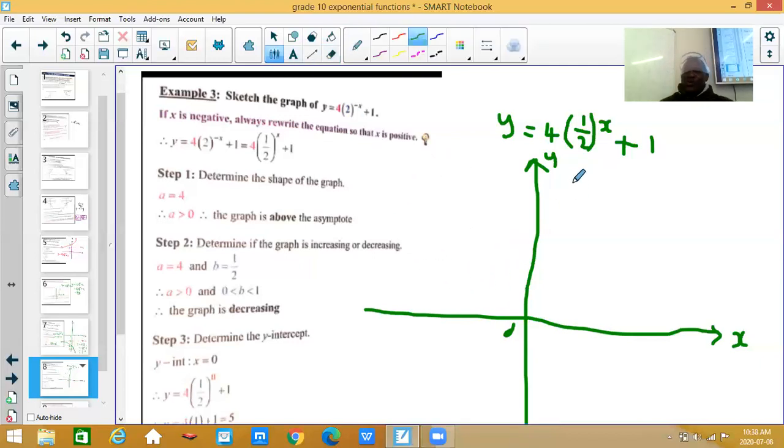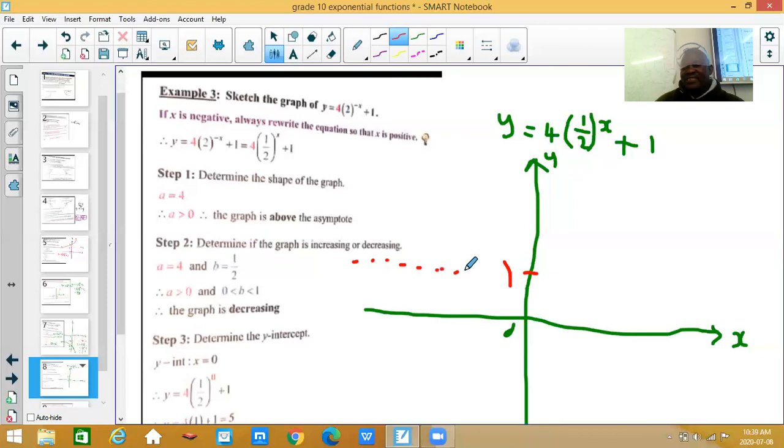let us look at this one. What is our horizontal asymptote? 1. So is 1 above or below? Above. So we are saying our 1 is here. If you start off with the horizontal asymptote, it becomes easy.